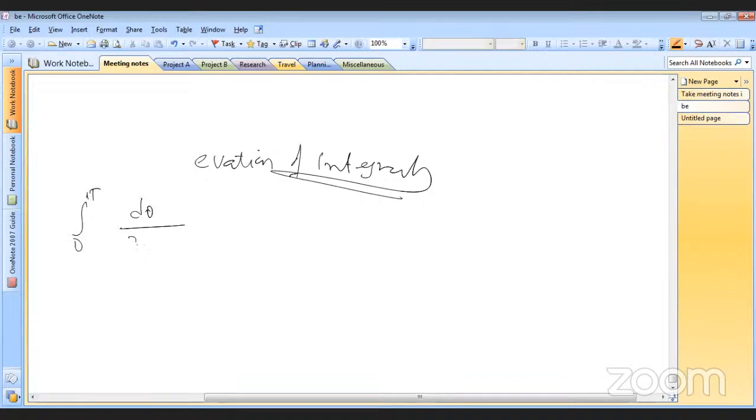Consider the integral from 0 to pi of d theta by 3 plus 2 cos theta.